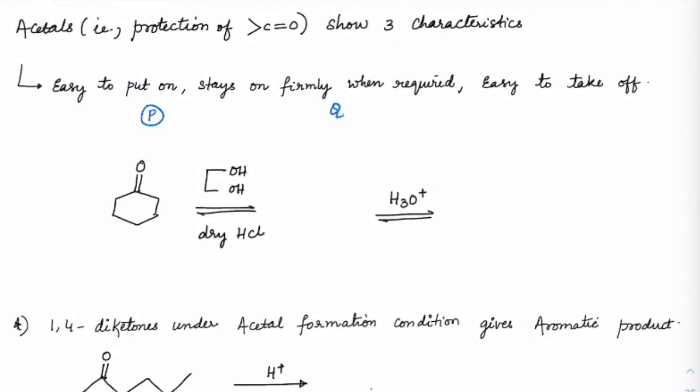Next, it stays firmly when required, especially when you are trying to reduce the other part of the molecule. Third, it can be removed very easily, easy to take off. For instance, with cyclic ketones, we can easily put on this mask. So we will get this mask first.